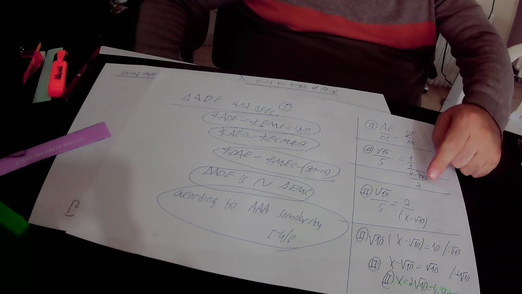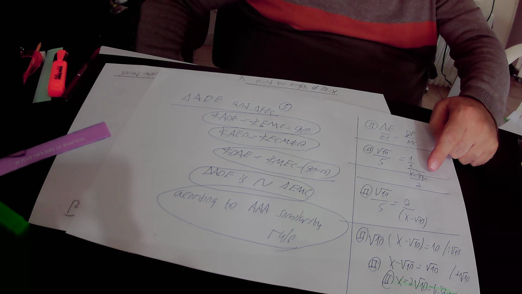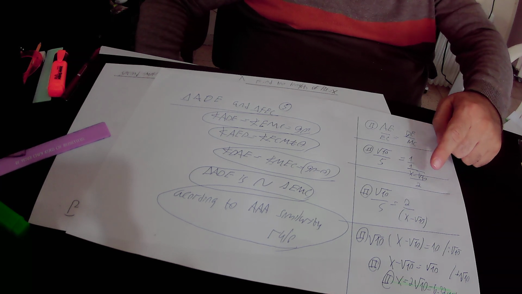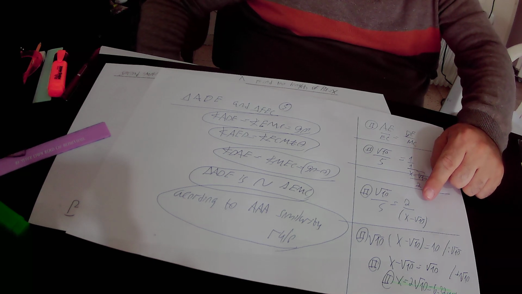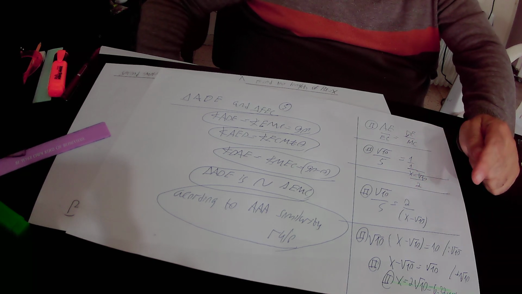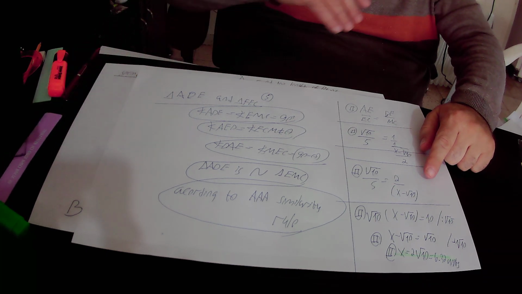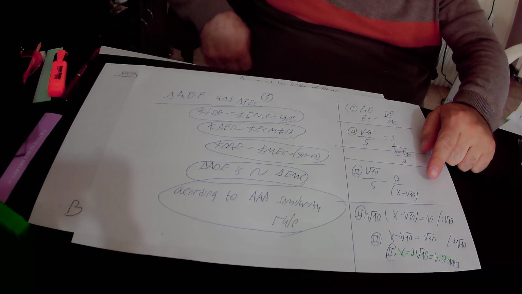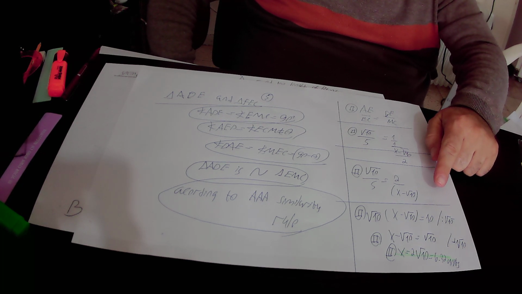Here we moved 2 to the numerator and x minus square root of 10 to the denominator, and we found that square root of 10 over 5 equals 10 over x minus square root of 10. We cross multiply, and we found that square root of 10 times x minus square root of 10 equals 10.